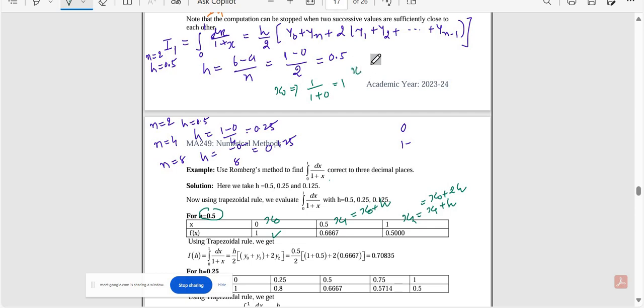Then go for x1. x1 is your 0.5. So 1 upon 1 plus 0.5, that means 1 upon 1.5. What is the answer of 1 upon 1.5?